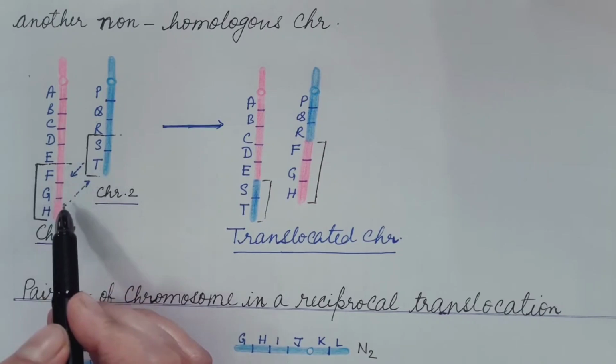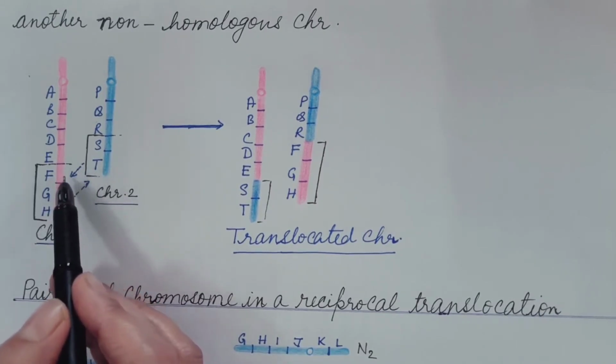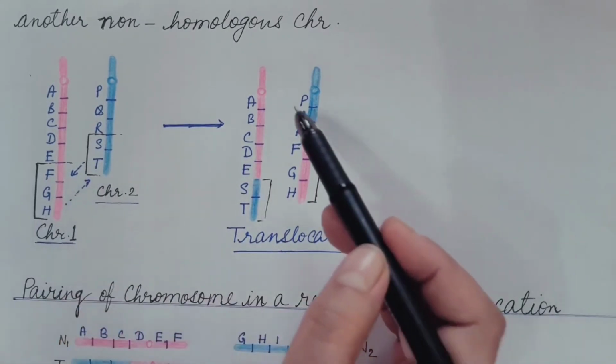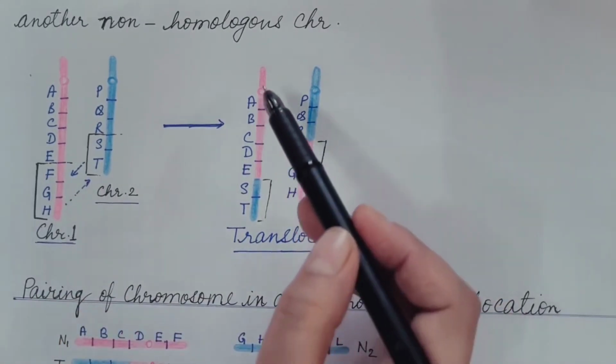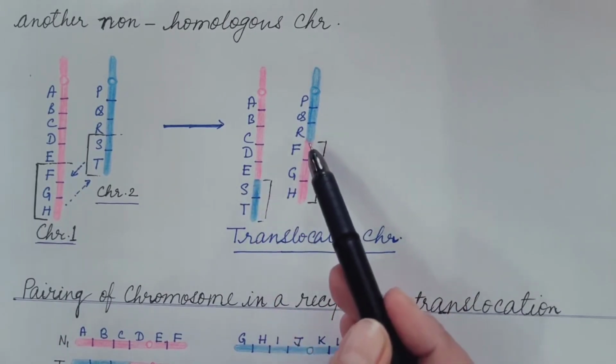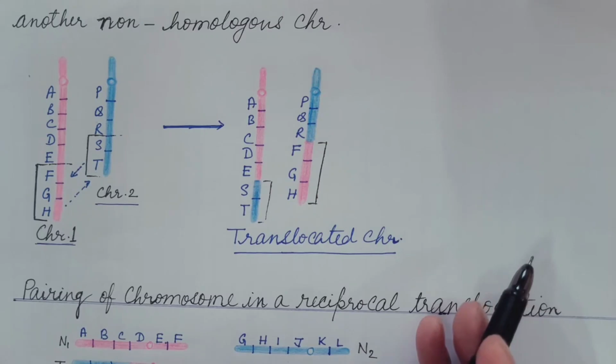So the breakage and the attachment of the segment takes place in both directions. These are the translocated chromosomes. This chromosome has a part of this chromosome and this chromosome has a part of this chromosome. This is known as reciprocal translocation.